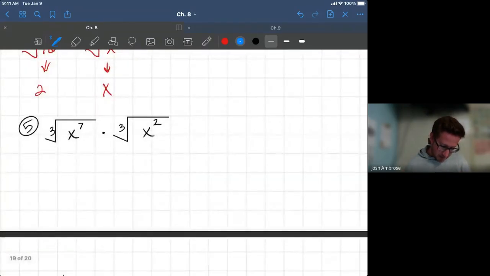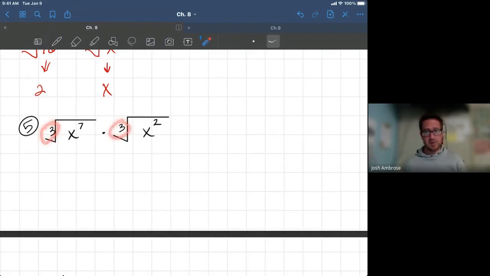Okay, next one. What we have to notice here is that they are both cube roots. If they are both cube roots, you could then put them together. You've seen me do example problems in this section where I took one cube root and expanded it out, or one fourth root and expanded it out. The same thing applies. You could show them together. Here's why we're going to do that. Because they're both the same base x.